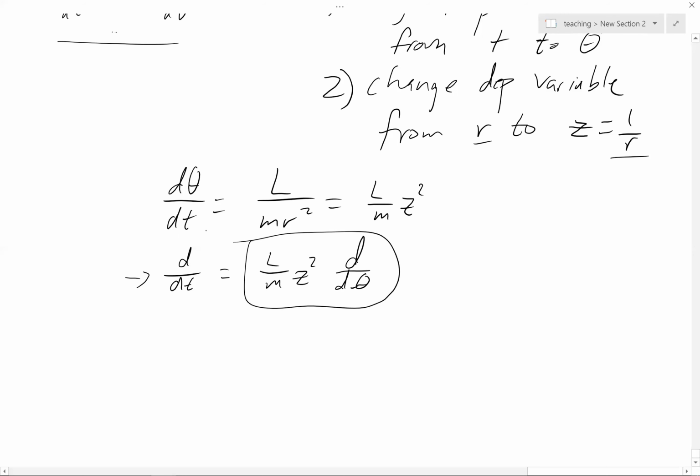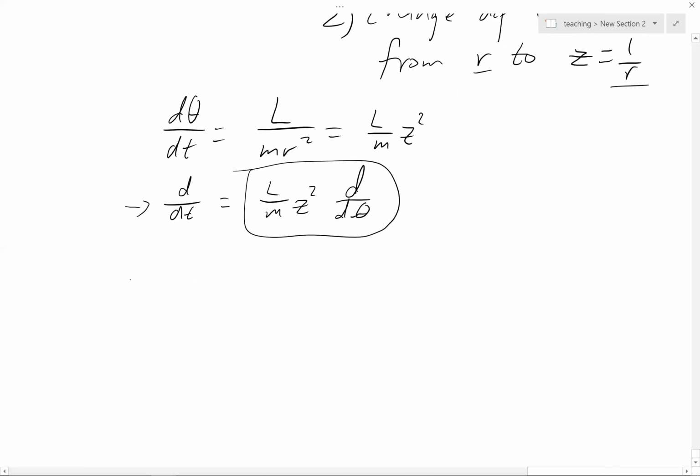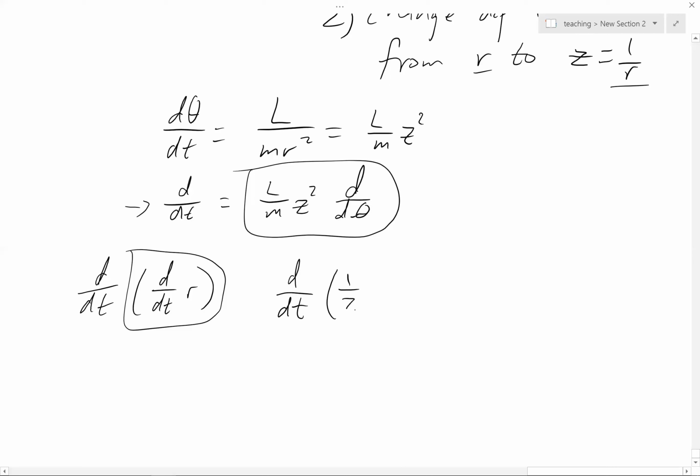z squared d d theta. So if I want r double dot, well, that's d dt of d dt of r. Let's just take the inside for now. So I want d dt of 1 over z, right? Well, that's L over m z squared d d theta of 1 over z.